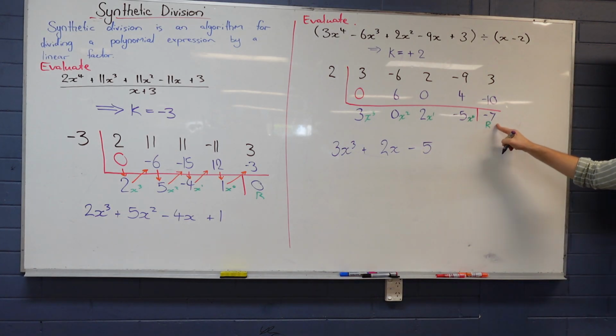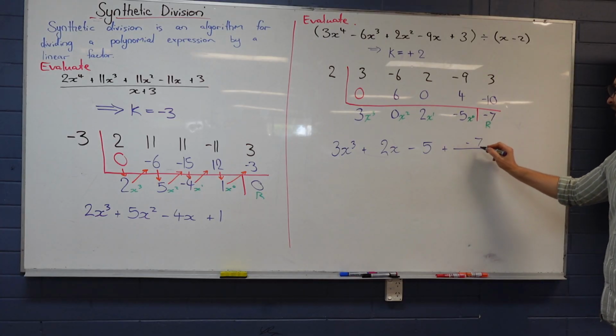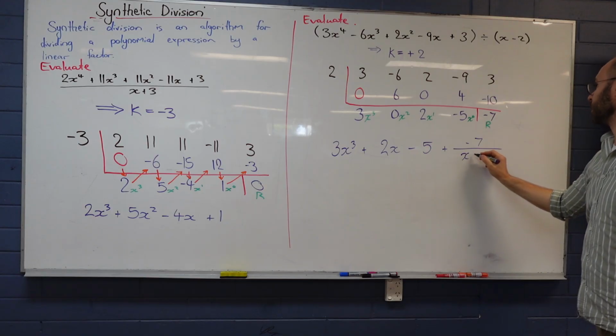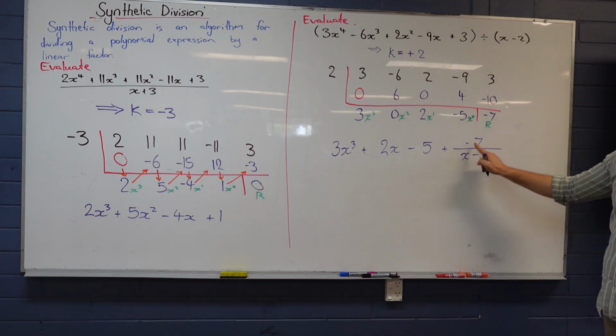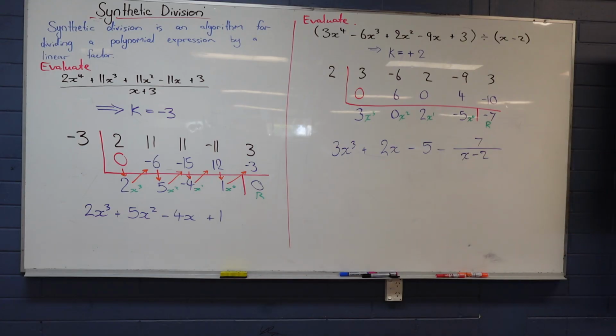Then we have our remainder. Our remainder can be written by, put a plus, negative 7, followed by the divisor here. If you want, you can move the negative out front. Thus demonstrating how we can apply the synthetic division algorithm.